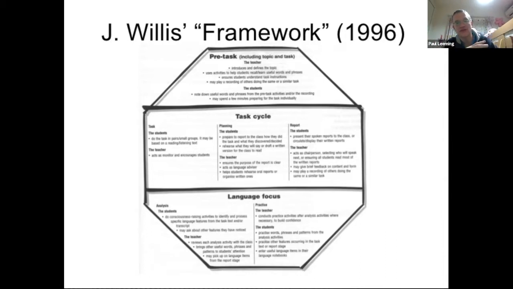So going back to my restaurant example, the pre-task might be, what did you eat for breakfast today? How was it? Talk with your partner. Okay, we're going to talk about food, decide the best restaurant in Osaka or the top 3. That would be the task. The planning would then be planning your report back, and then the students would talk to the class, giving their top 3 restaurants and the reasons for that.